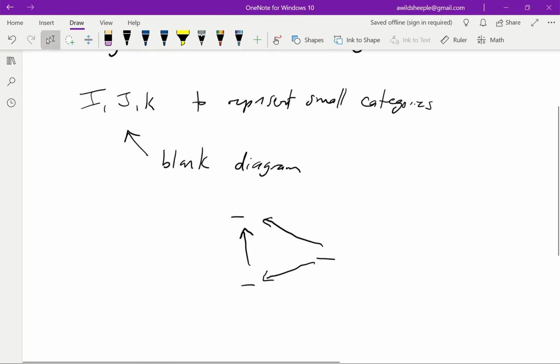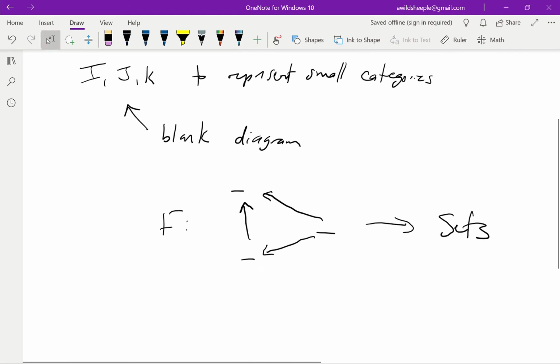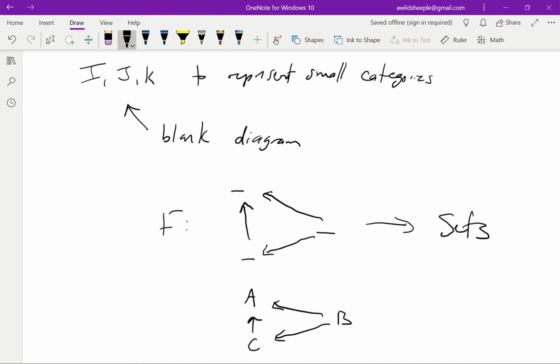And then a functor from a category that looks like this to some other category like sets amounts to picking some objects that we could plug into these dashes and actually obtaining a familiar diagram.